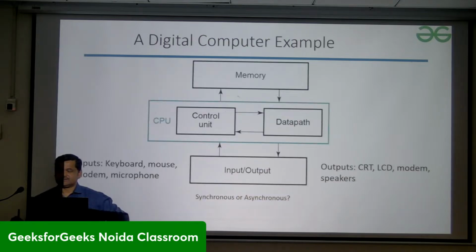Now come to the digital system. Which hierarchy, which architecture is represented by this particular system? Is it von Neumann machine or Harvard machine? Have you heard about these two names? Von Neumann architecture and Harvard architecture.